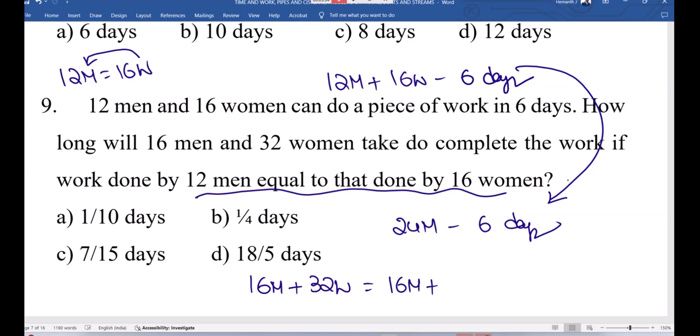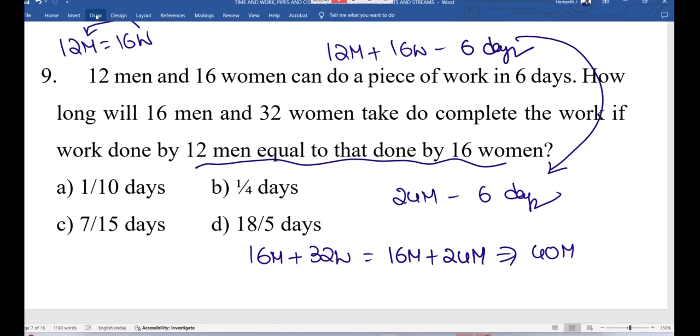So 16 plus 24 means 40 men. Again chain rule: M1 D1 equals M2 D2. 24 men, 6 days, means 40 men how many days? So 24 into 6 equals 40 into D. 8 3 times, 8 5 times, 18 divided by 5. Option D. Super.